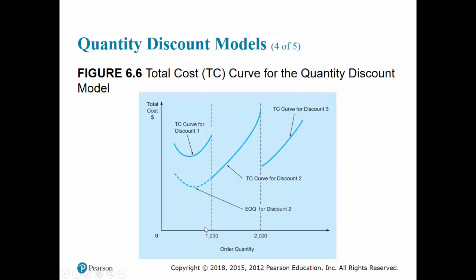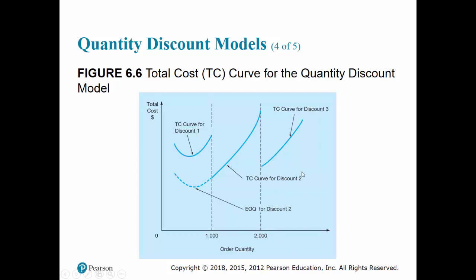So that's what happens here. From 0 to 1000, you have a cost curve like that. And then 1000 to 2000, your cost curve is like this. But that's infeasible. That's the minimum cost, but you can't order less than 1000 and qualify for this. So this cost curve is valid only in this range, and a similar thing happens after 2000.